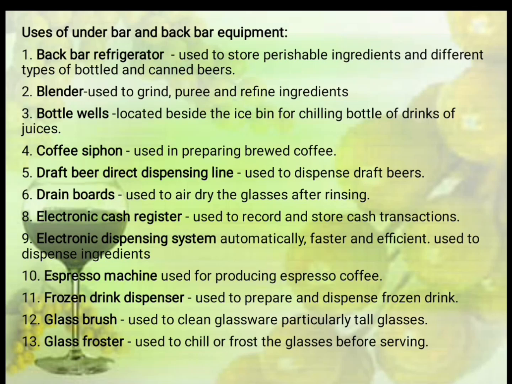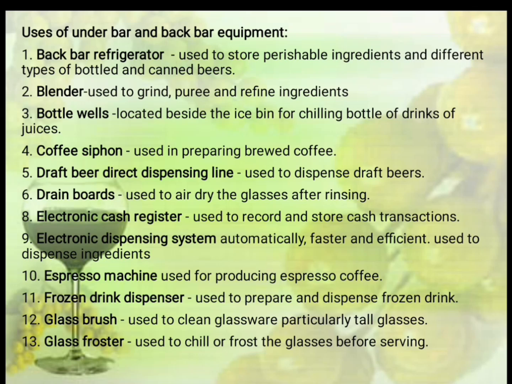Third is bottle wheels, located beside the ice bin for chilling bottles of drink or of juice. Four, coffee siphon, used in preparing brewed coffee. Five, draft beer direct dispensing line, used to dispense draft beers.